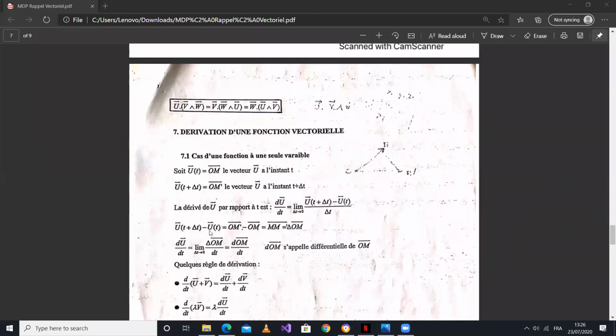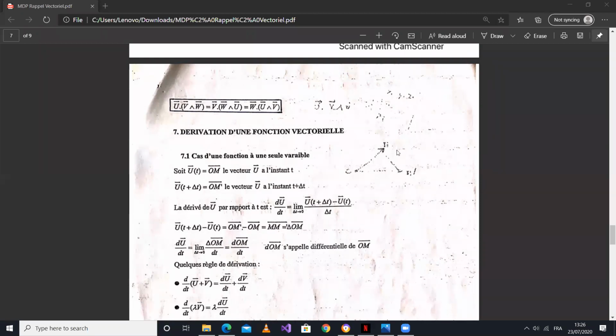So here they're just showing us, instead of using u(t plus delta t) and u(t), which is a bit more complicated, we are going to use the positions they were at. So the final position was OM prime. The initial position was OM. That means the distance moved was OM prime minus OM. And in vectors, when you subtract two vectors like that, it's like you're moving from this point to this point.